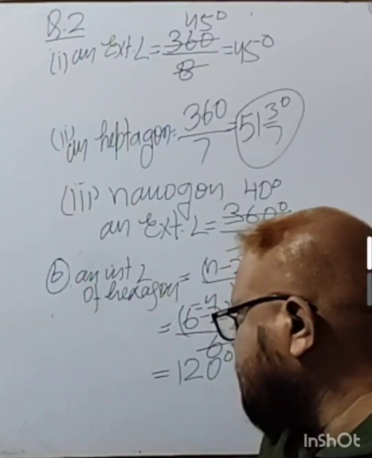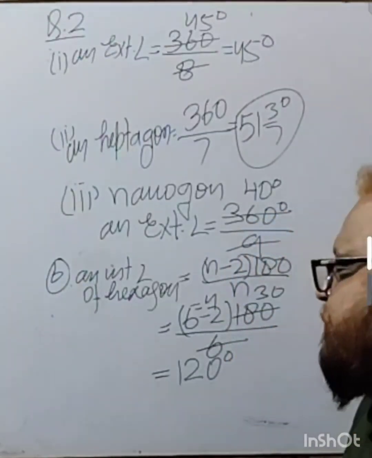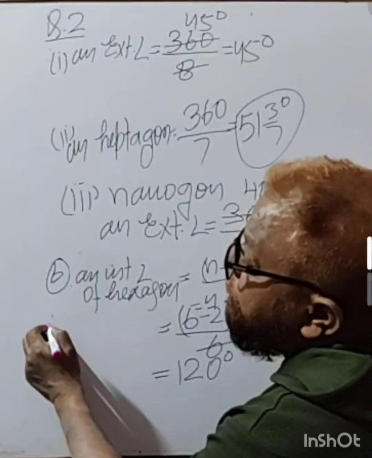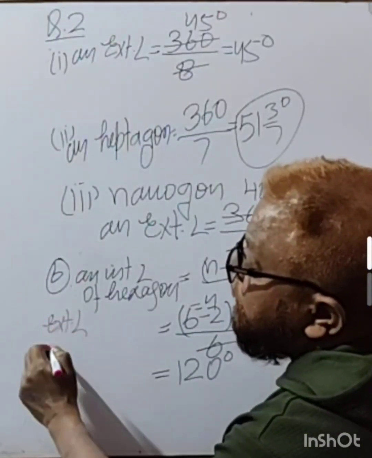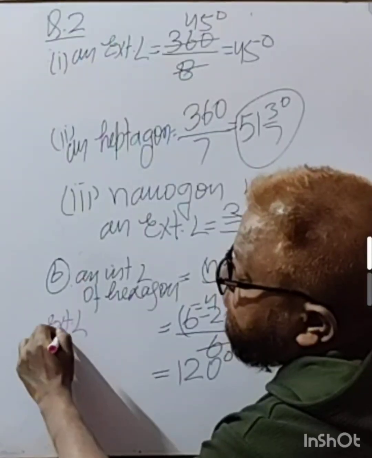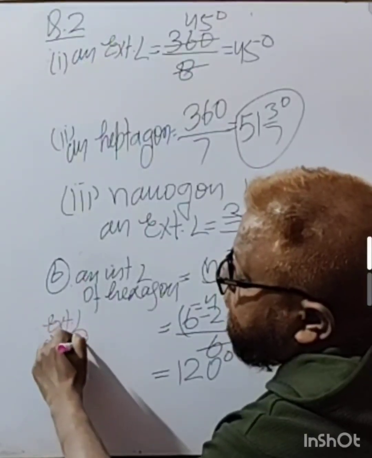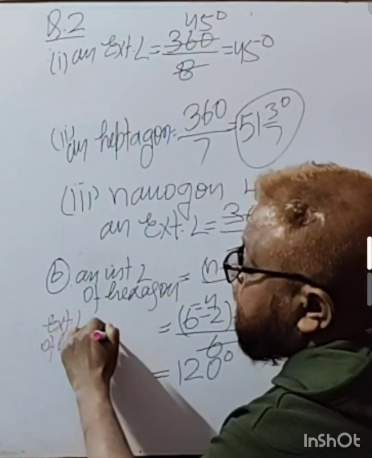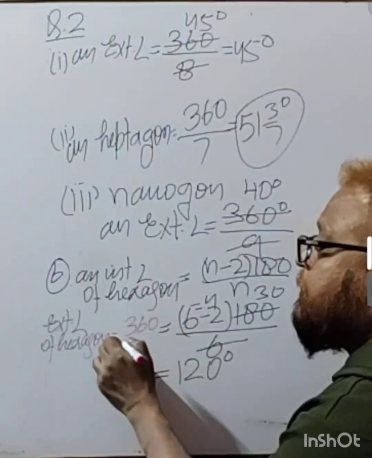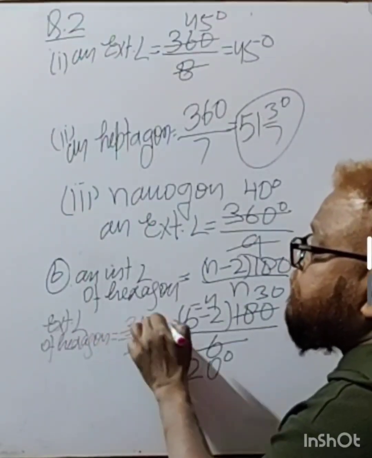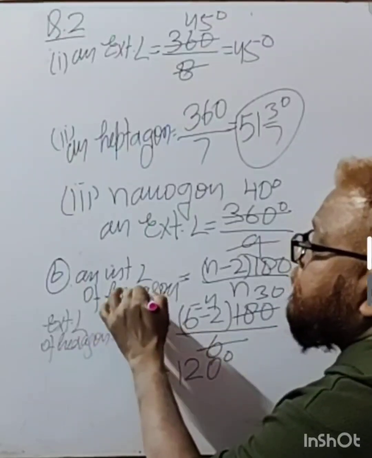Okay. Another way, the exterior angle of a hexagon is how much? For a hexagon, 360 divided by 6 becomes 60 degree.